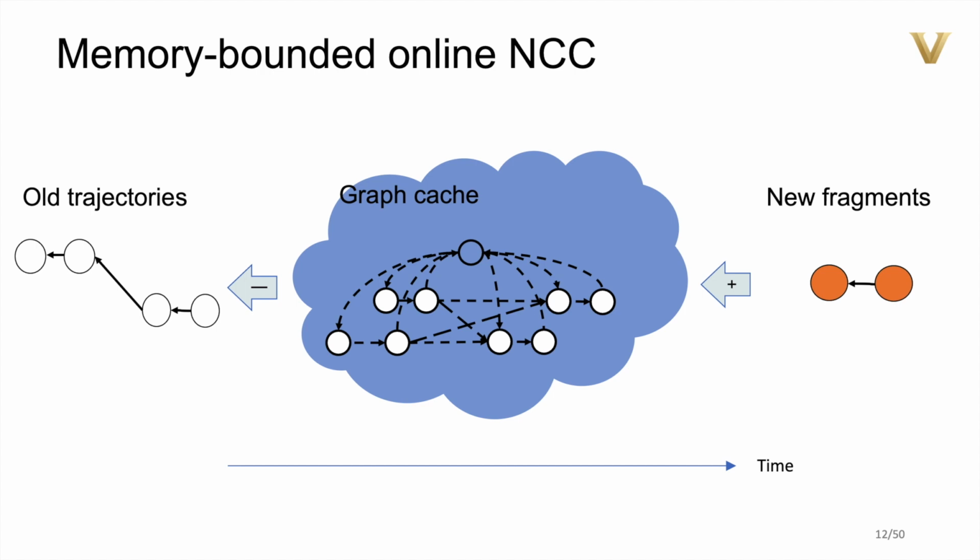When we see new fragments, we update the graph by adding new nodes and edges, doing the negative cycle canceling operation, and removing the nodes and edges that represent older data. In this way, we can effectively keep the graph size small and run much faster.